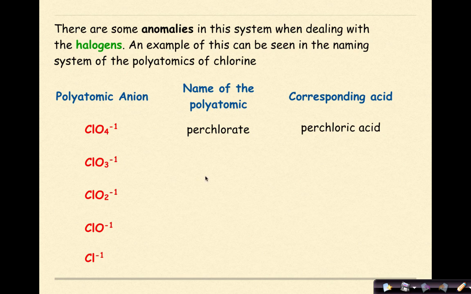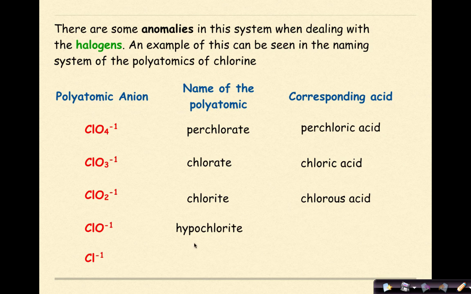ClO3 minus 1, that's chlorate. So here we still have ate. That means we're going to change our ending to ic. So that's just chloric acid. The only difference between these two is an extra oxygen up here, which means we have that per. ClO2 minus 1 is chlorite, so that's going to be chlorous acid.